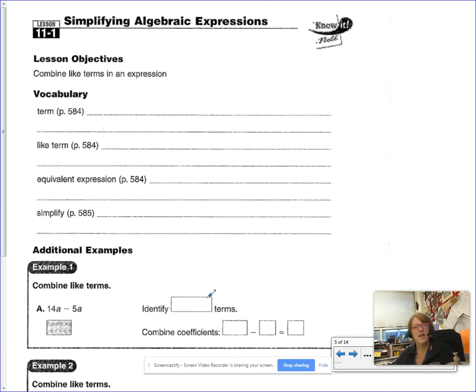We're just going to blast through here and make sure you remember some things about this. All right, term. A term is something that's in some sort of expression, and here's what I'm going to say. Terms are separated by addition or subtraction signs.